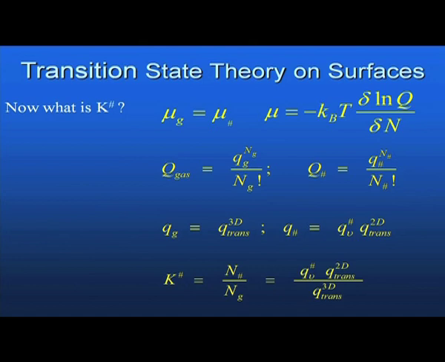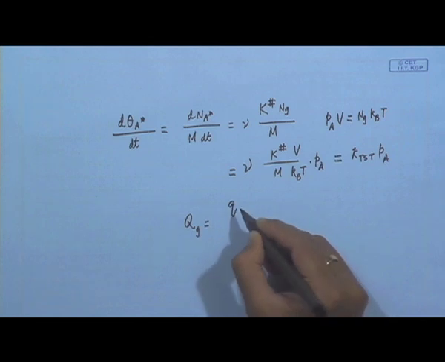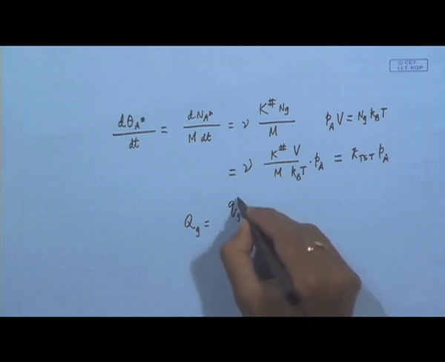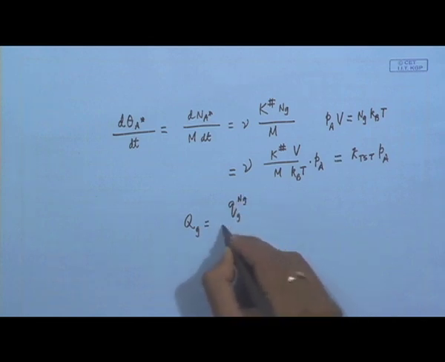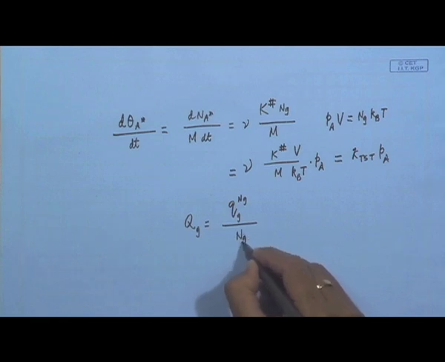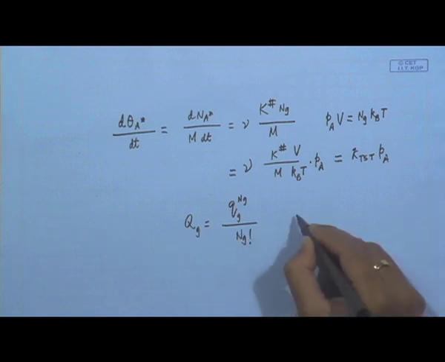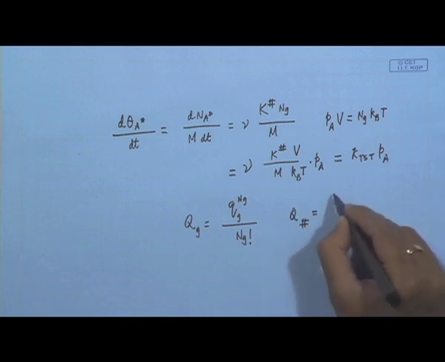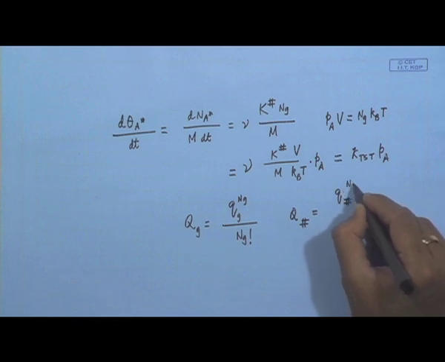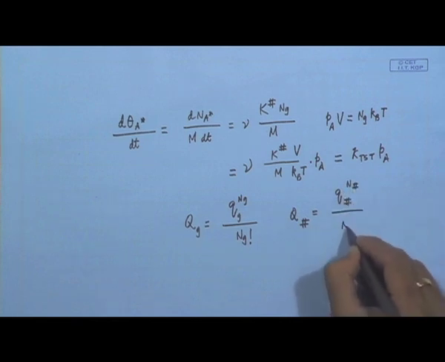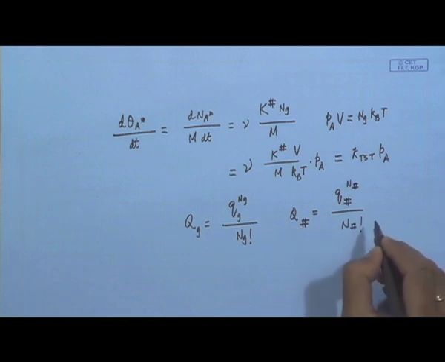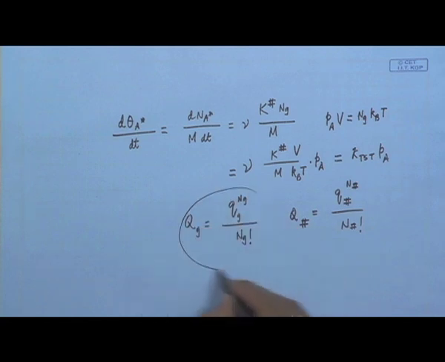Total q gas is equal to the individual gas particle q to the power N_g divided by N_g factorial, and in the same way total q double dagger is equal to q double dagger to the power N double dagger divided by N double dagger factorial.